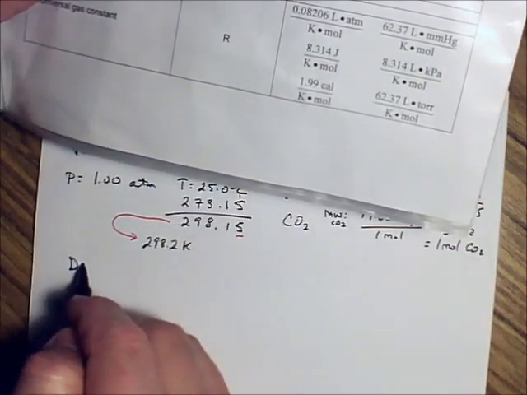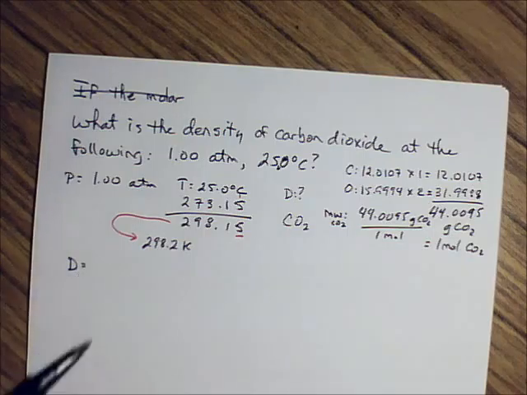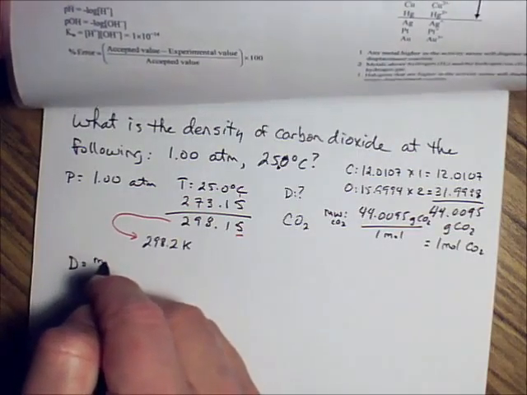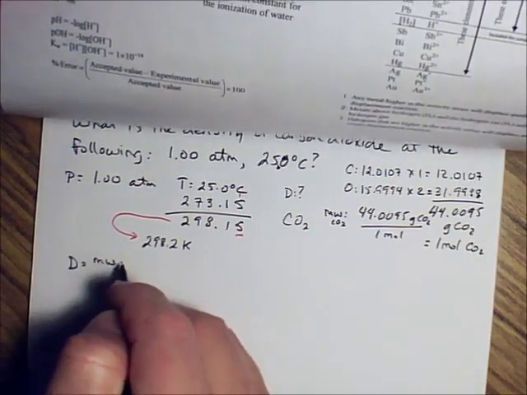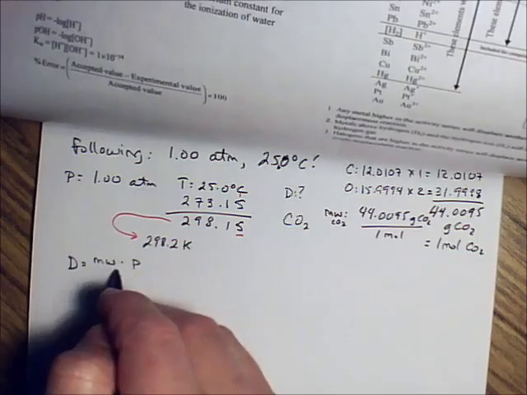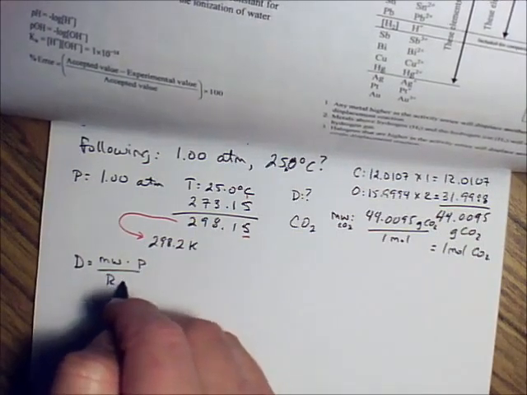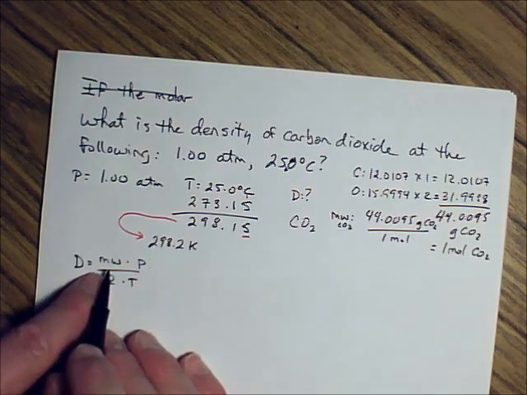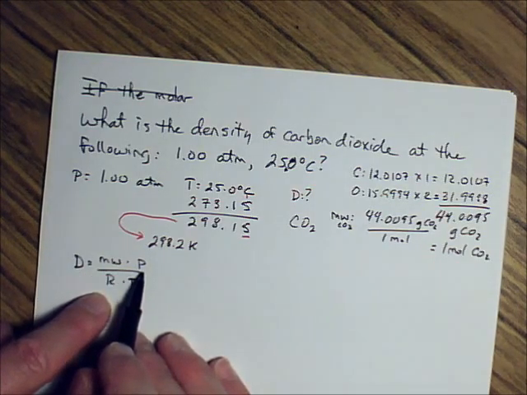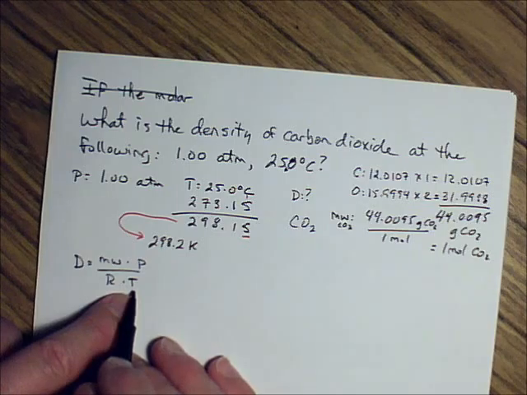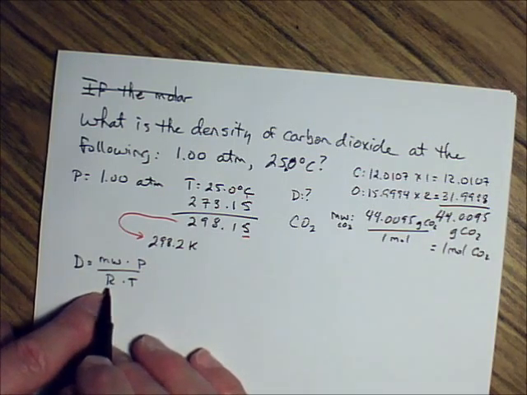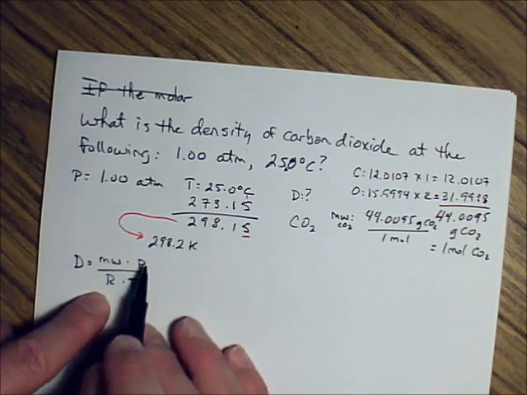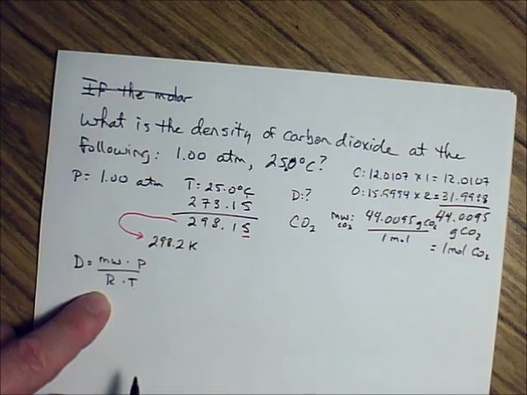Density is, let's write it down over here and see what we need. Density is the molar weight times pressure, divided by R times T. So we've got molar weight. Pressure is atmospheres. Temperature is Kelvin. All we need is to make sure that the R unit matches the pressure and temperature.